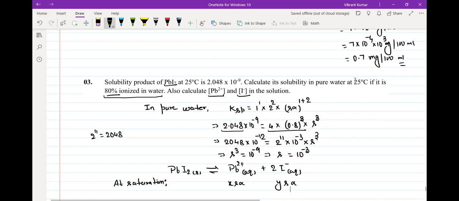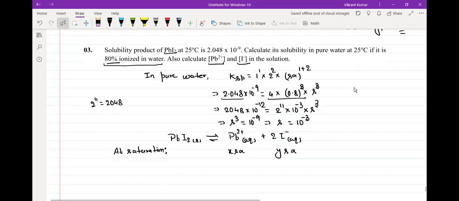So for this time, X is 1, alpha is 0.8. So this is 1 into 0.8 into S. And that's why we'll write this is 0.8 into 10 raised to minus 3. Or we can also write 8 into 10 raised to minus 4.